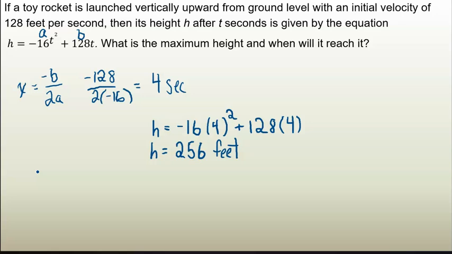This is probably not one of those little stomp rockets that we push on with an airbag. This is probably one of those toy rockets that use ignition and reach 256 feet. That's the cool stuff about these quadratic problems. We could actually think about them physically.